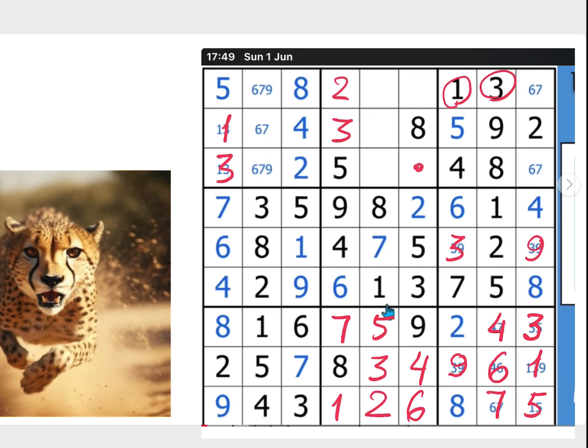Then I can think of these two numbers. If these two numbers are 1 and 7, so 7 is here, 1 here, then I have 6, 7, so this number is 9, because 6, 7 in the same line is already occupied. Then this number is 6, this number is 7.